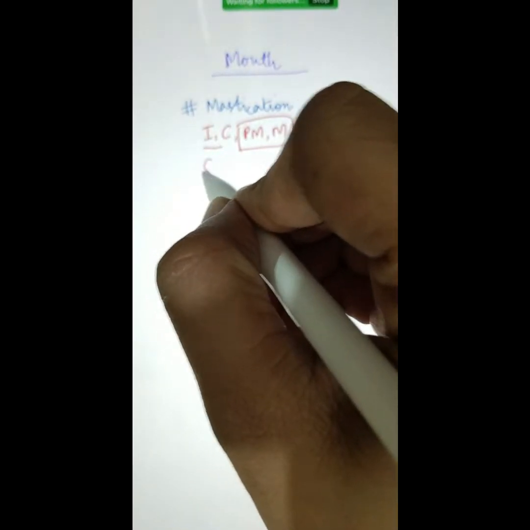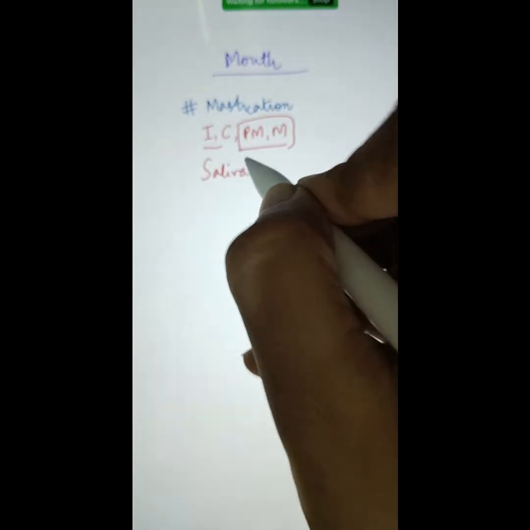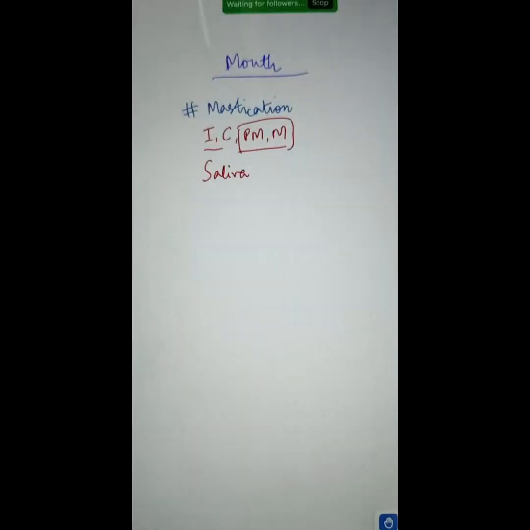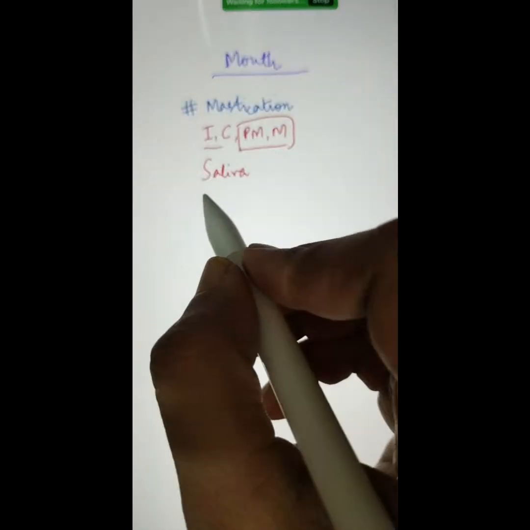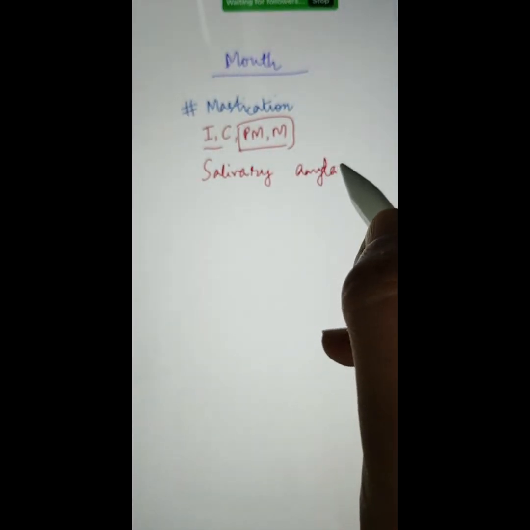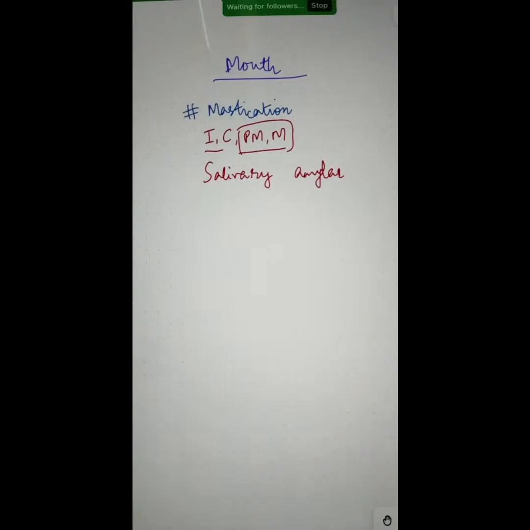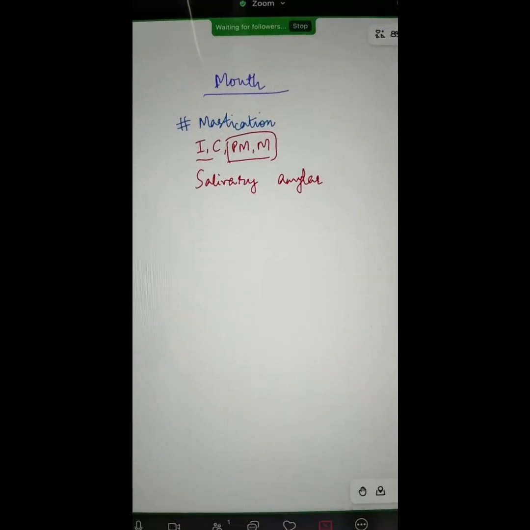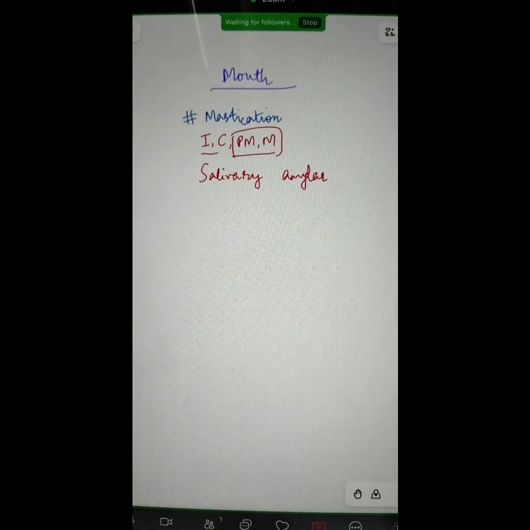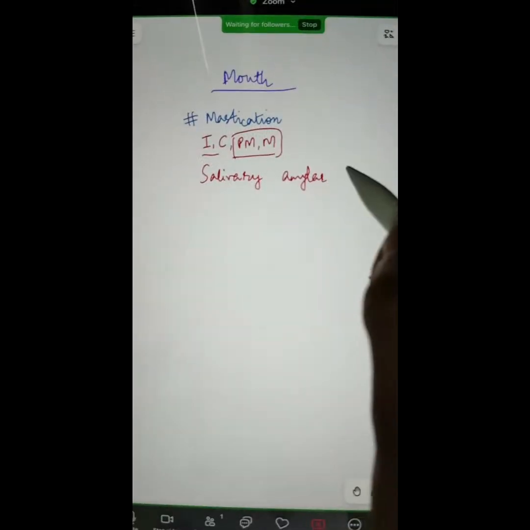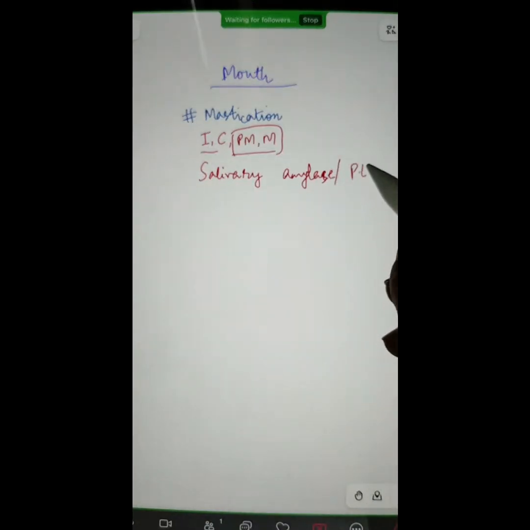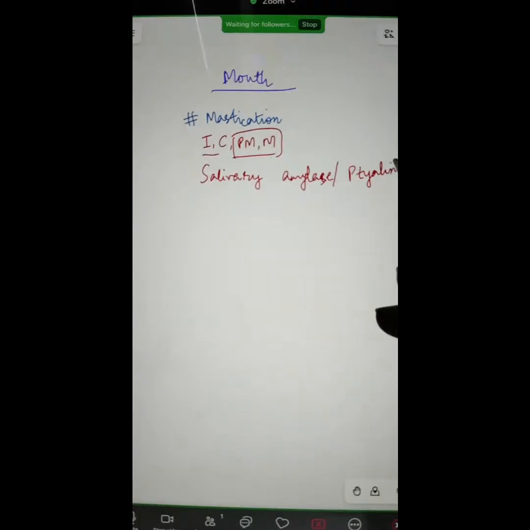Now, as you chew the food, you have saliva in your mouth, and saliva contains the enzyme salivary amylase. So saliva has an enzyme known as salivary amylase, which is also known as ptyalin.